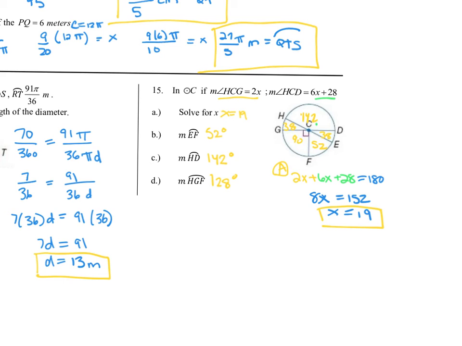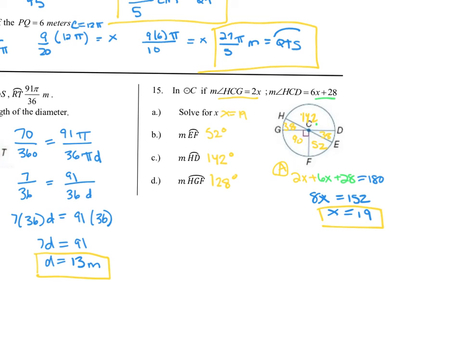All right, if we look at number 15, we're given some information here. We are told that angle HCG is 2x, that's this angle here.